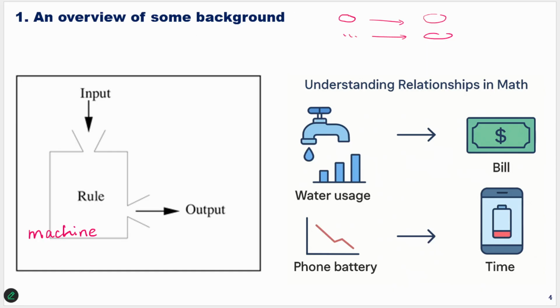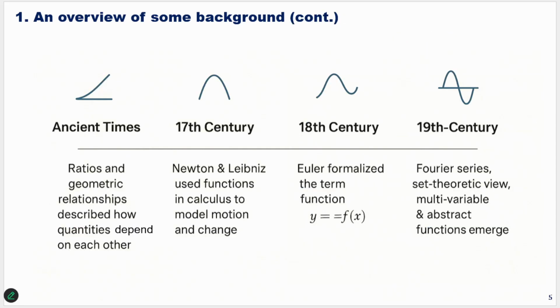Okay, so next, let me briefly introduce the history of functions. In ancient times, people used ratios and geometric relationships to describe how quantities depend on each other. And in the 17th century, two great scientists, Newton and Leibniz, used functions in calculus to model motion and change.